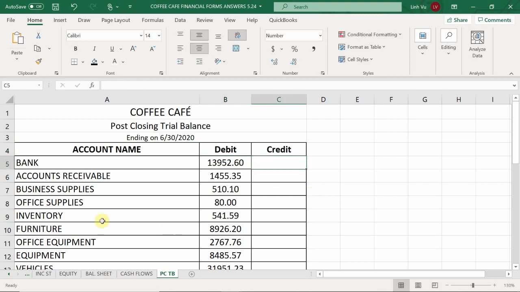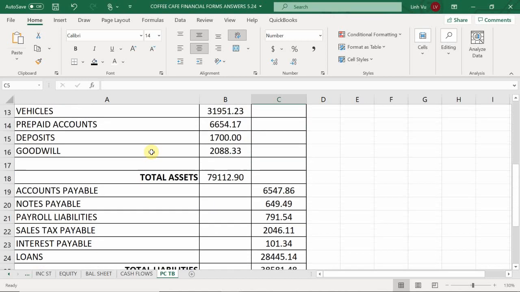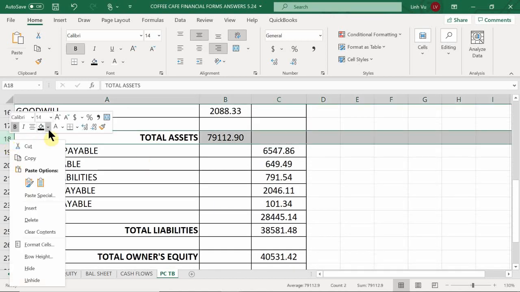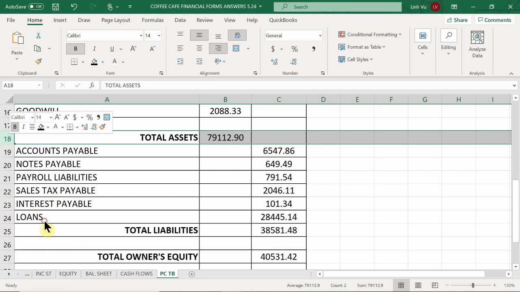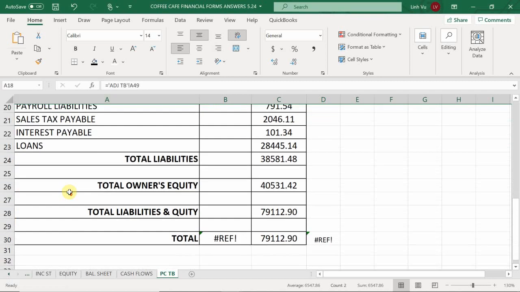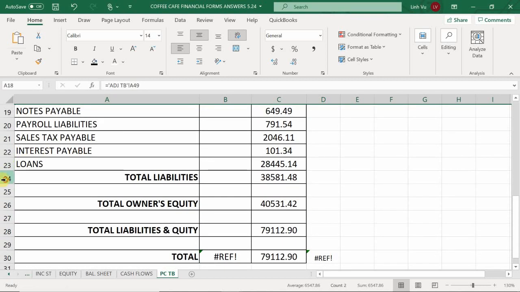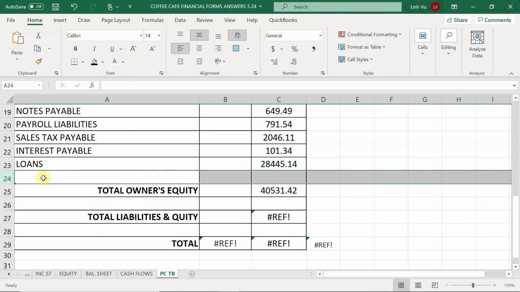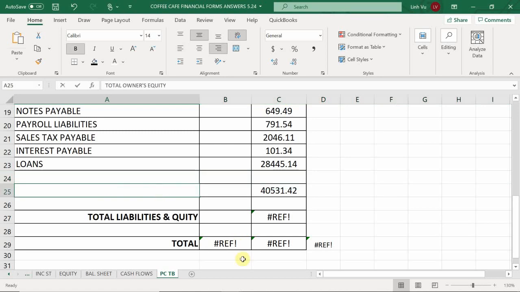Okay. Things that you don't need is a total asset, so you could just take this and delete it. Okay. And you don't need a total liabilities. And then where it says total equity, you don't need this, but you definitely want to change this to owner's equity.